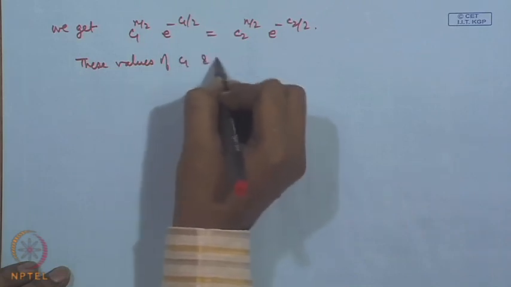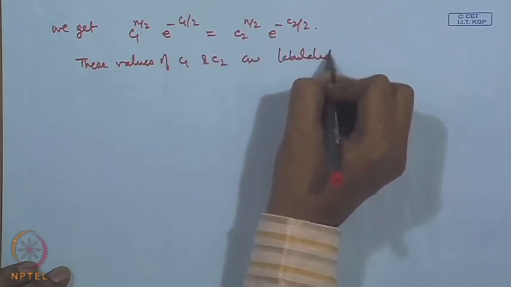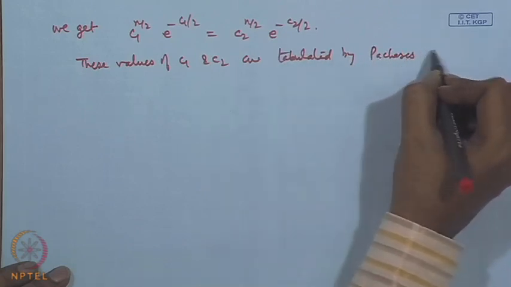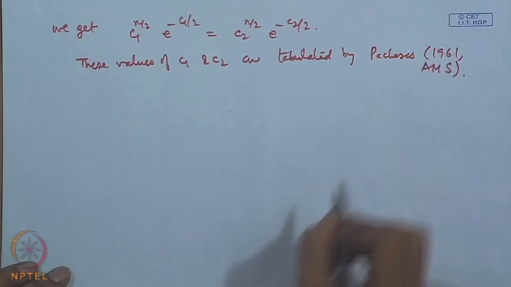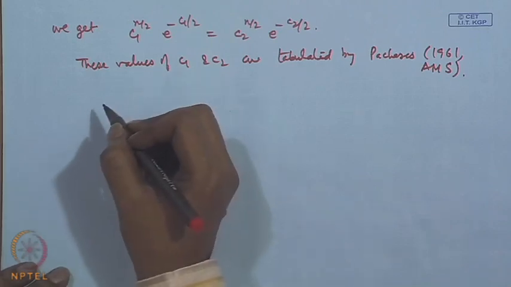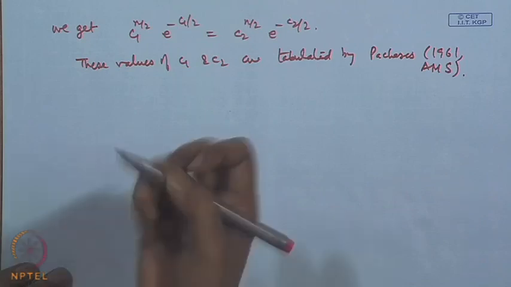These tables of C1 and C2 are tabulated by Pachares in 1961 in a paper in the Annals of Mathematical Statistics. And another thing is that if n is large, then we can consider the two conditions to be exactly the same.